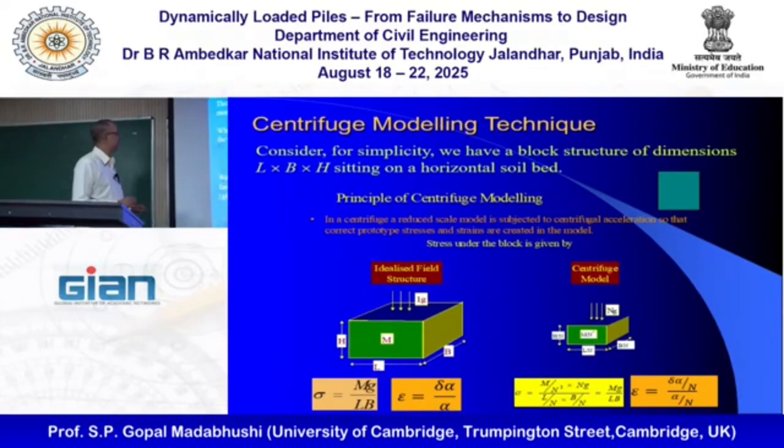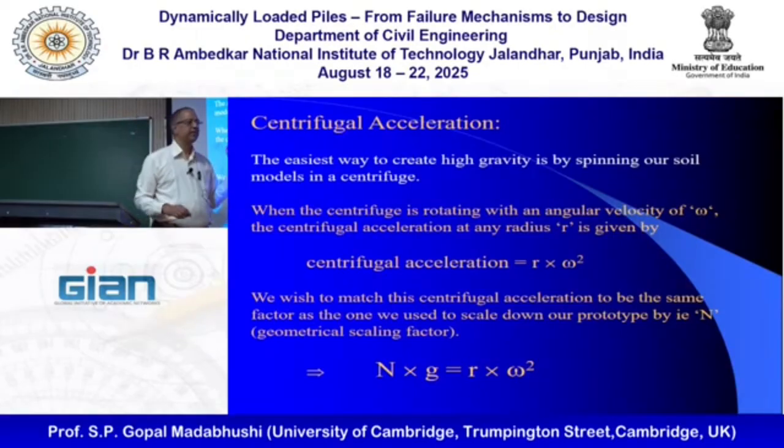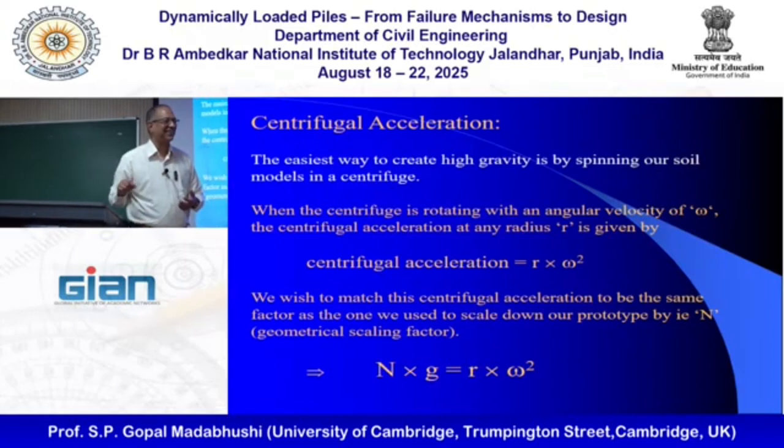But we learned in school physics that if I put an object and rotate it with an angular velocity omega, then I'll get a centrifugal acceleration of r omega squared. Anybody who doesn't know this? Otherwise, we have to go back and check your JEE score again.